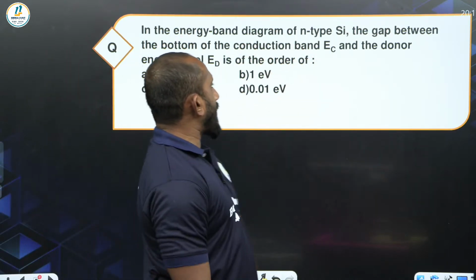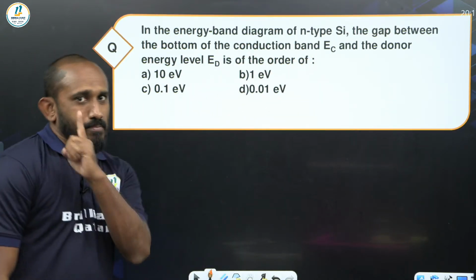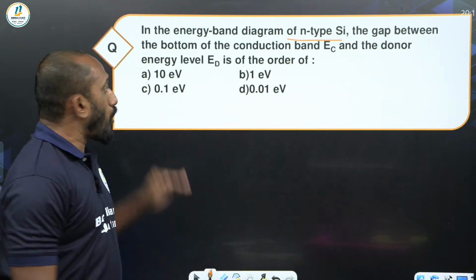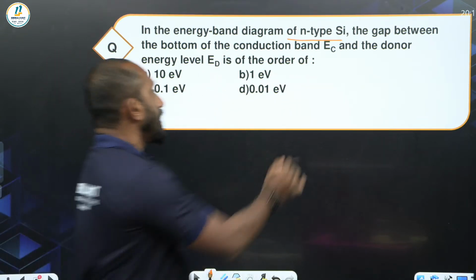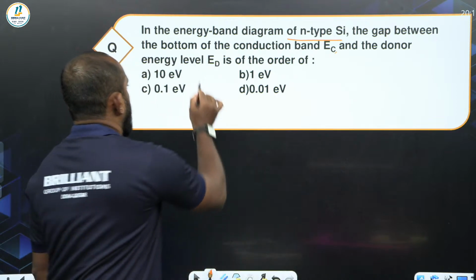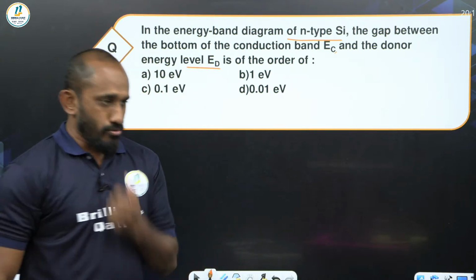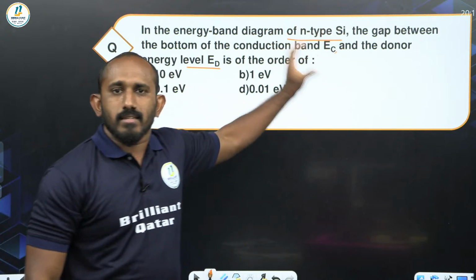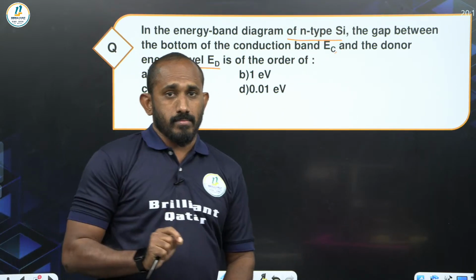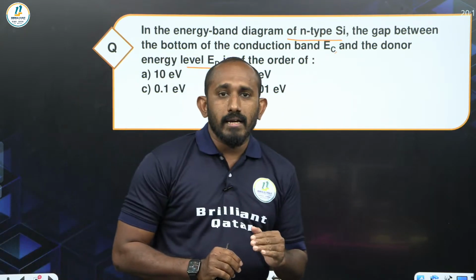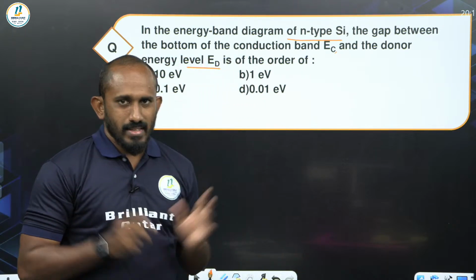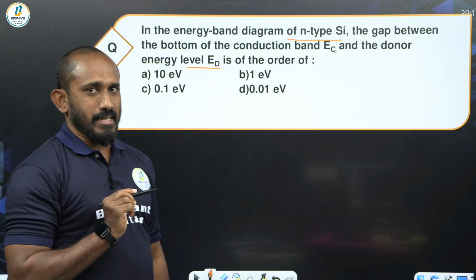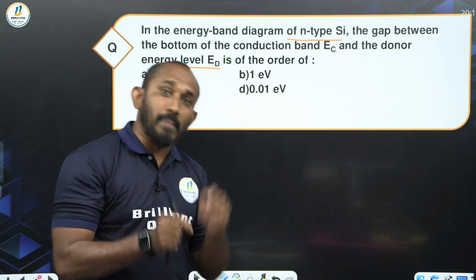In the energy band diagram of N-type silicon, very important, N-type silicon, the gap between the bottom of the conduction band EC and the donor energy level ED is of the order of. Okay, so in what order will this be? When you draw an energy band diagram, we have two bands, conduction band and valence band. For this N-type semiconductor, we are doping silicon with the pentavalent.